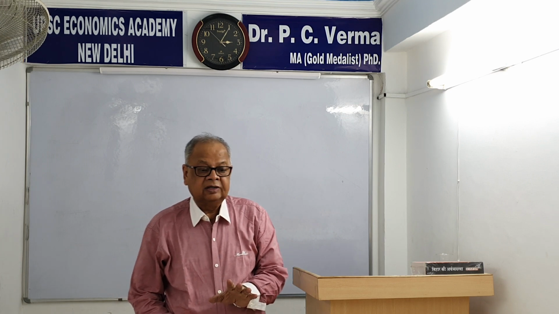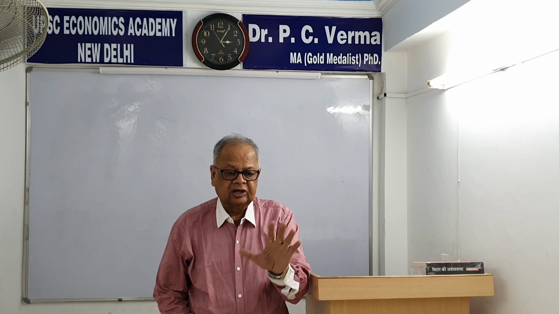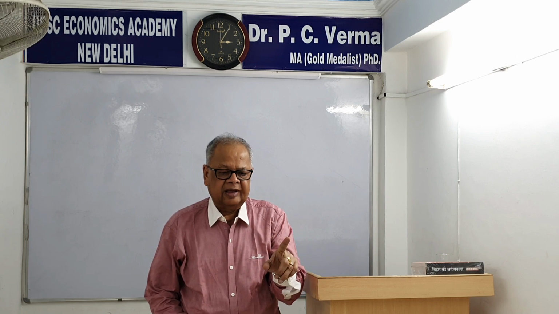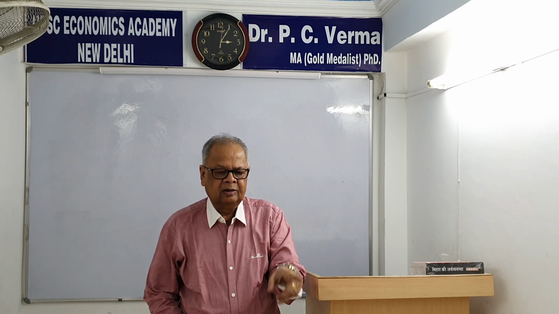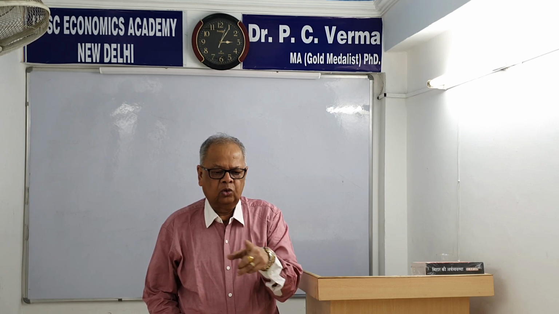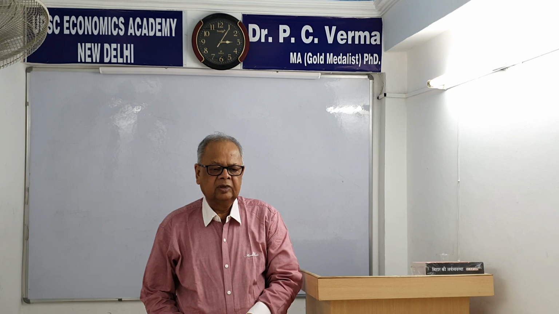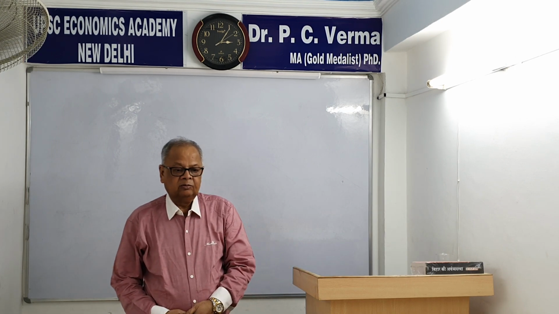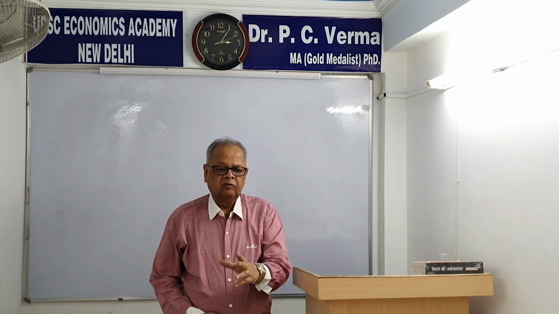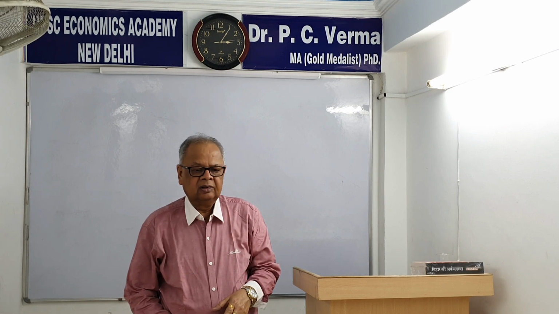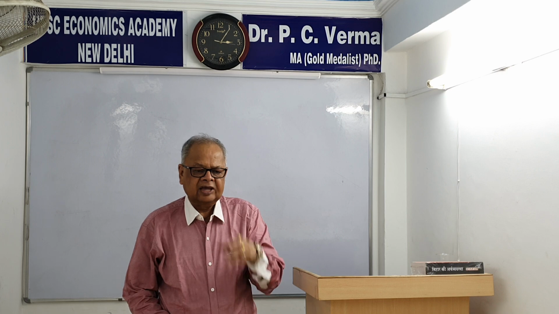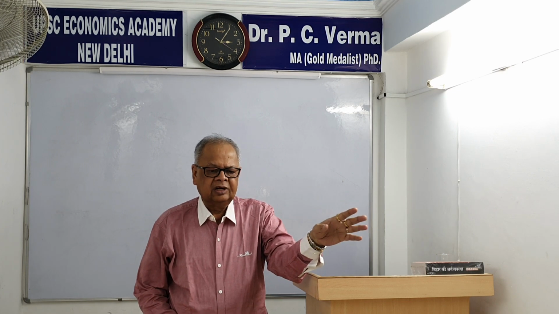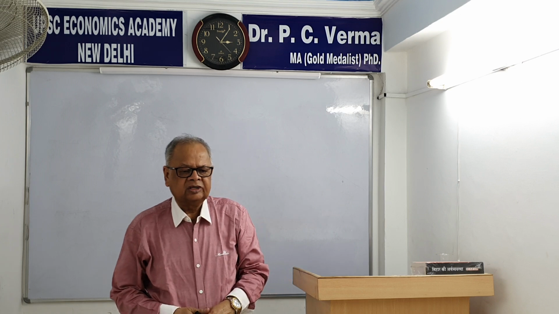This is in fact the Fisherian version of the quantity theory of money, which was wrongly rejected by Marshall, Pigou and Keynes. And he attacked Keynes, because Keynes had fully rejected the cash balance approach as well as the Fisherian quantity theory of money.